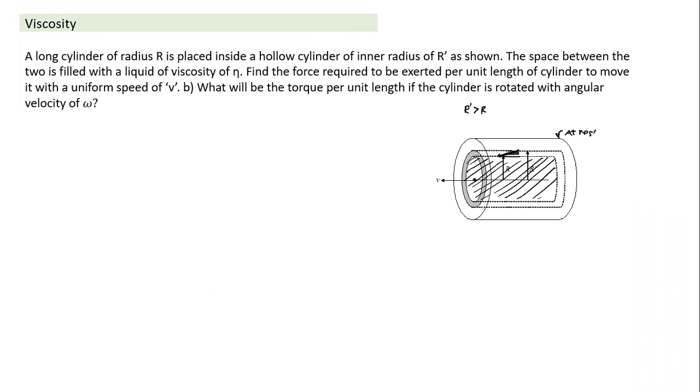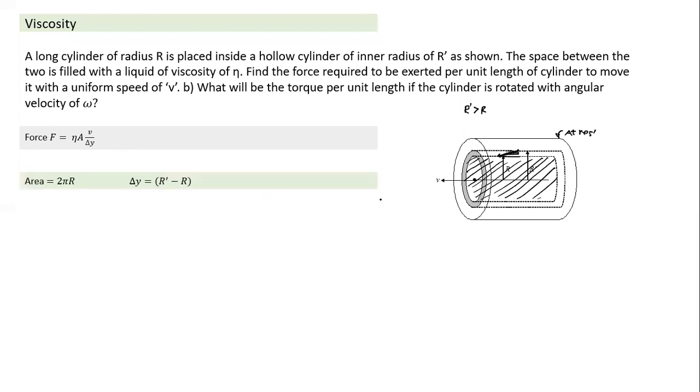So what is the velocity gradient perpendicular to the direction of motion? Over what distance is the velocity changing from 0 to v? This distance is r dash minus r.